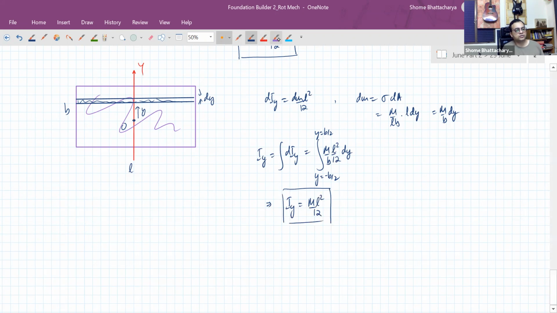So now putting all this together, you can understand that the moment of inertia about the z-axis can now be calculated by using the parallel axis theorem, sorry, perpendicular axis theorem.